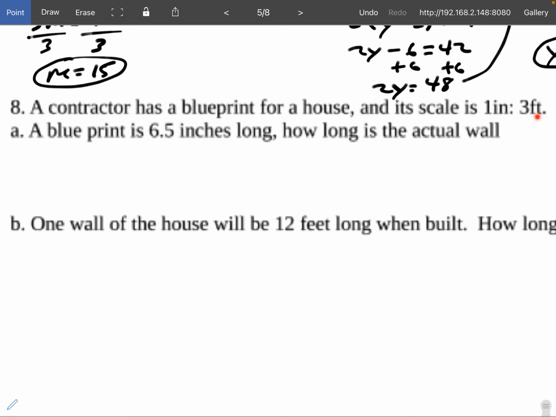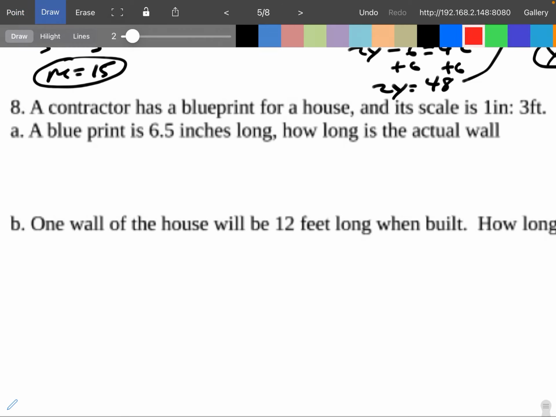Maybe I'll zoom in a little bit. So that's your scale factor right there. 1 inch on the paper is actually 3 feet in the real house. So it's a ratio of 1 to 3.